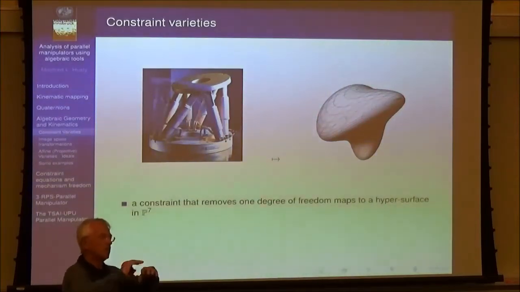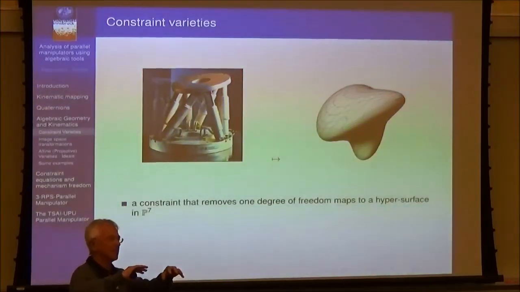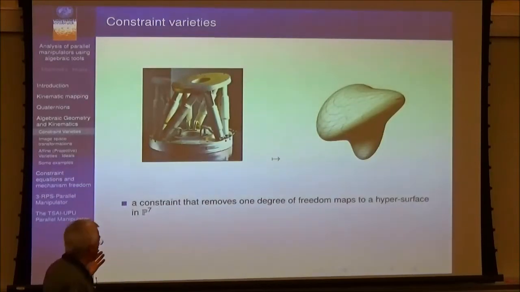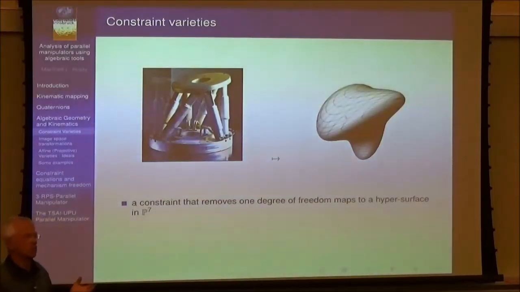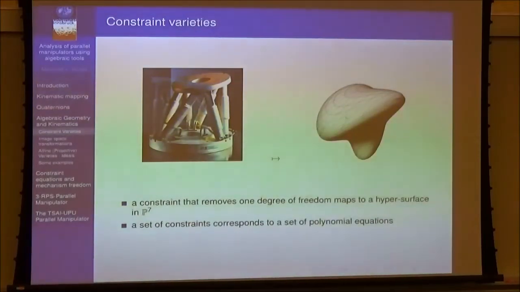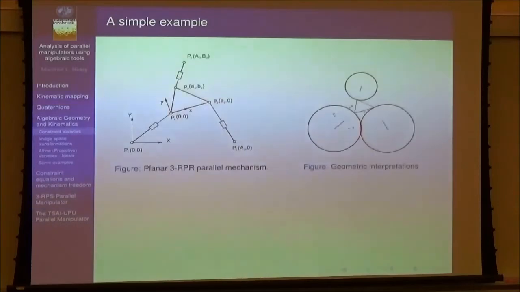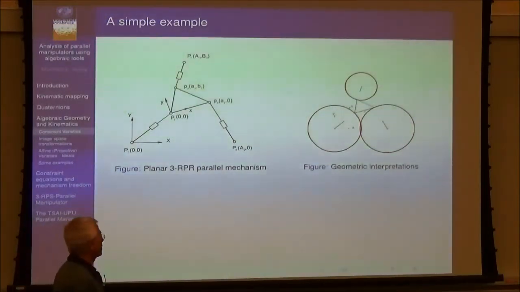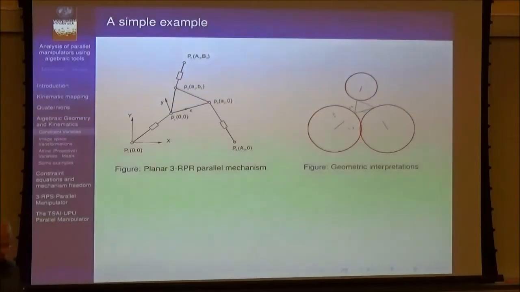And when you have 3, 4, 5, 6, then you have the possible assembly modes of this manipulator. That's the basic idea. A set of constraints corresponds to a set of polynomial equations, and I will show you this with a simple example, which is essentially a little bit extending what Jeff was showing you in the morning.